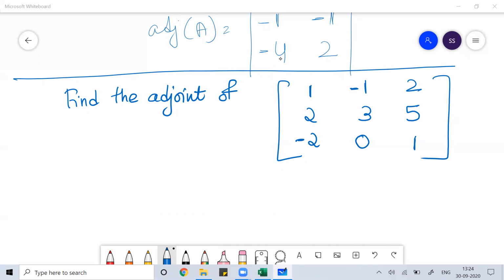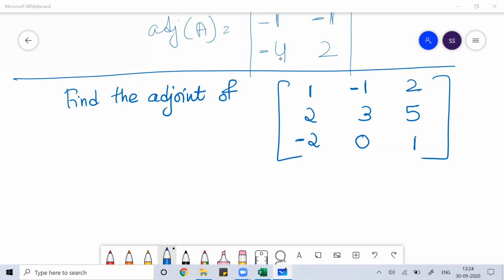Can you do 3 by 3 matrix? Same way, find each element's cofactor. Find the cofactor of each element, then take the transpose of that. That will give you the adjoint of the matrix.